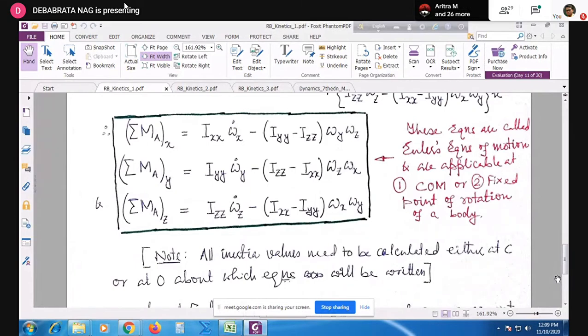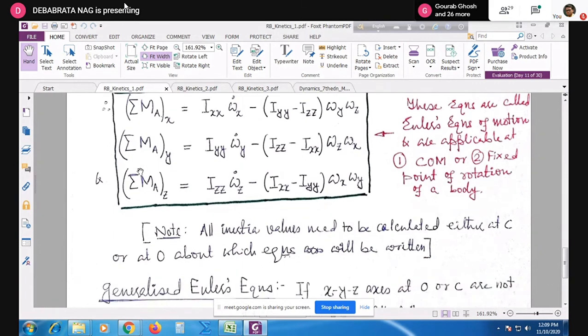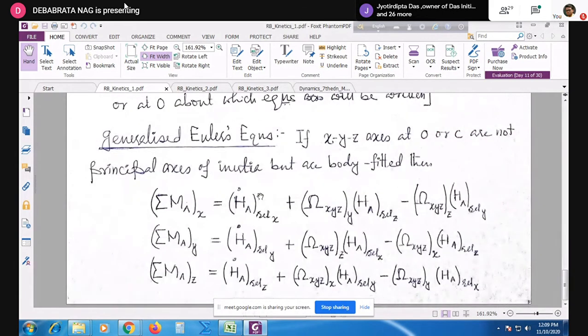For the time being, we are not relaxing assumption number 2. So we are holding assumption 1 and assumption 2, and we will be relaxing assumption 3. That means we consider the XYZ body fitted axes either at the center of mass or at the fixed point of rotation. We consider the XYZ axes to be any axes, that means they need not be the principal axes of inertia.